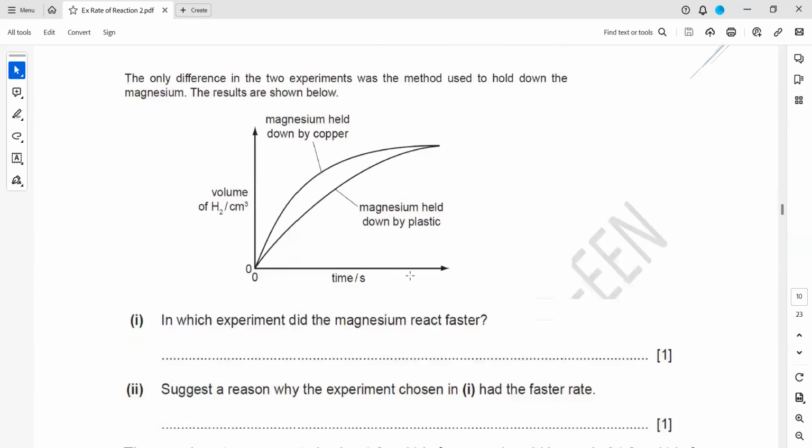So in which experiment does the magnesium react faster? You can use a screen annotation to circle the experiment or the graph. You can also use the chat or even a mic.